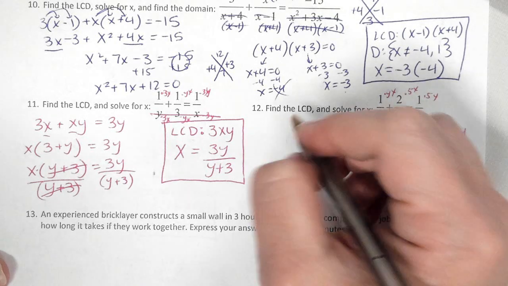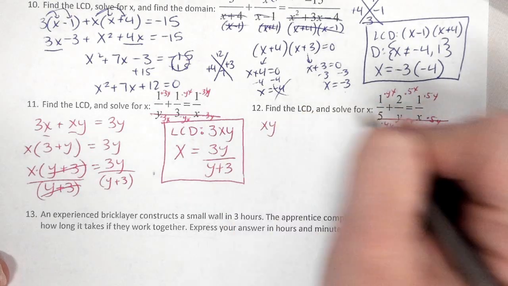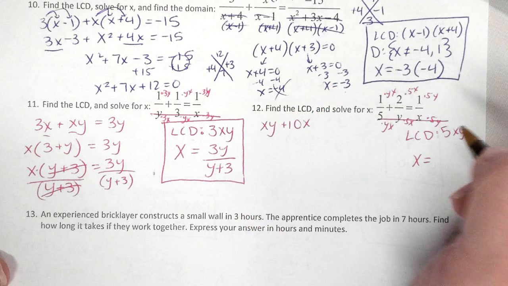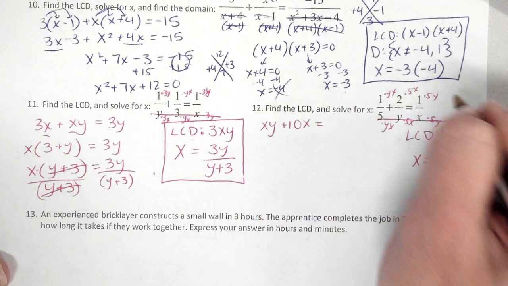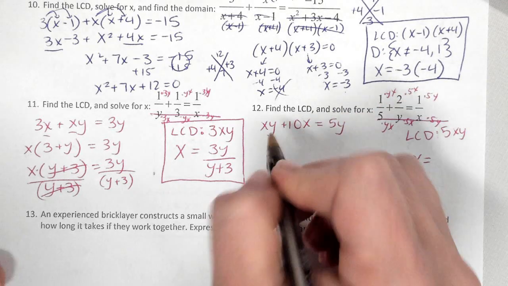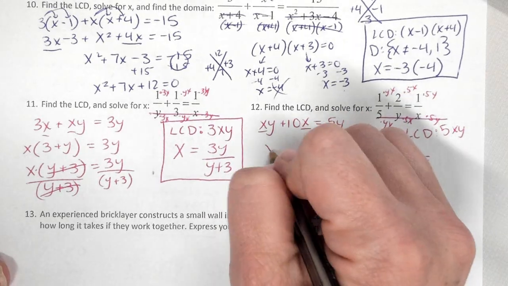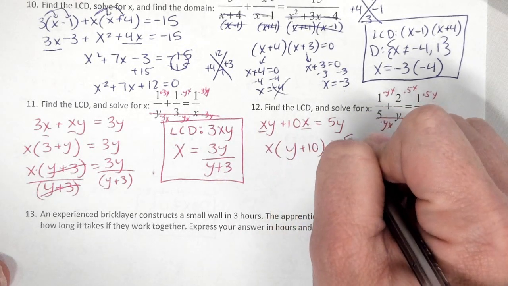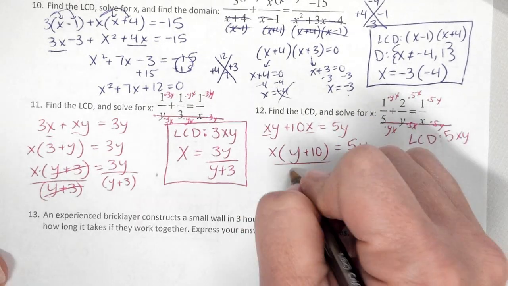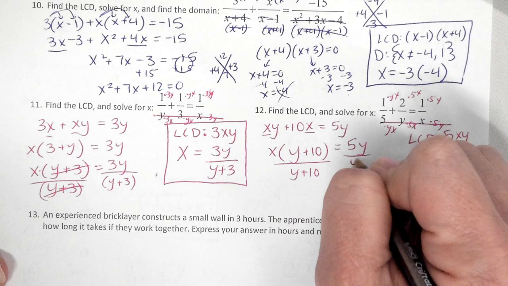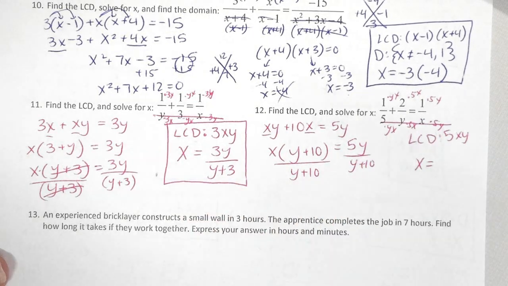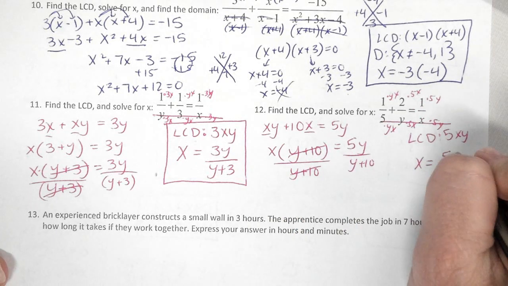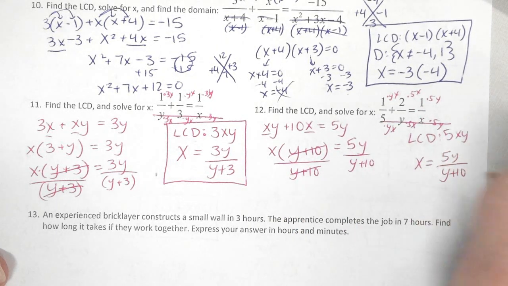And I have 1 times xy, which is xy, plus 2 times 5x is 10x, equals 1 times 5y is 5y. Again, x is in 2 spots. We take it out as our GCF, and we have y plus 10 left. And we divide by y plus 10. I know I put that in parentheses; you don't have to. These cancel, and we get x equals 5y over y plus 10.